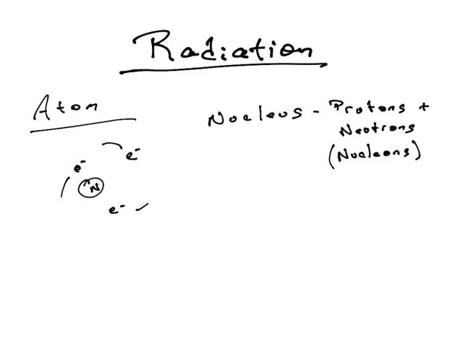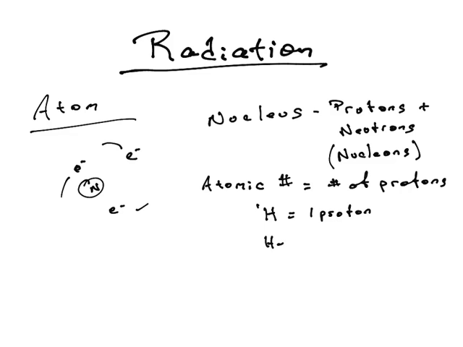For instance, the atomic number is the number of protons. When we say hydrogen is the first element, or atomic number 1, that means it's got 1 proton. Helium, which is atomic number 2, the second element, has 2 protons, and so on.